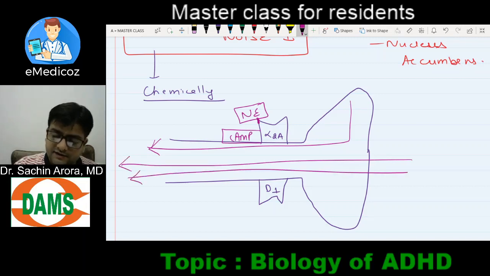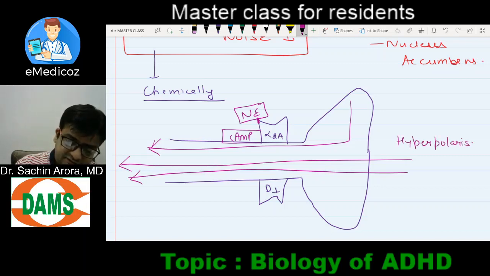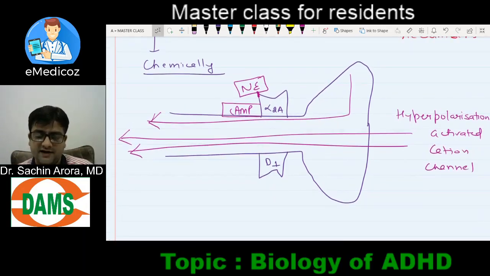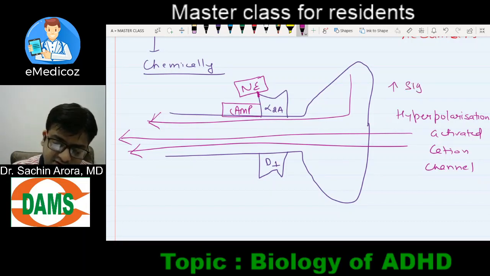Okay, this is the hyperpolarization activated cation channel. So when norepinephrine binds to alpha 2A via cyclic AMP, the signal strength is increased.